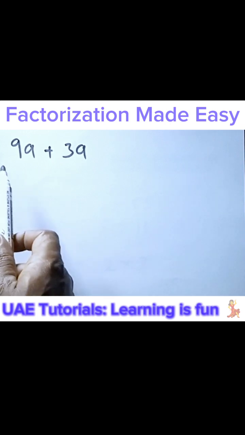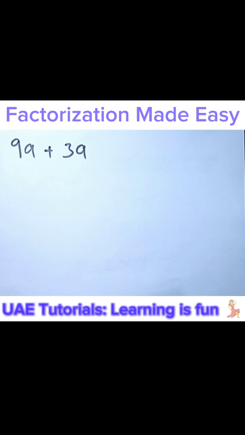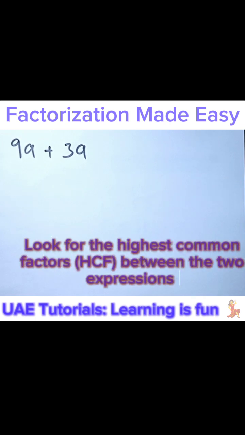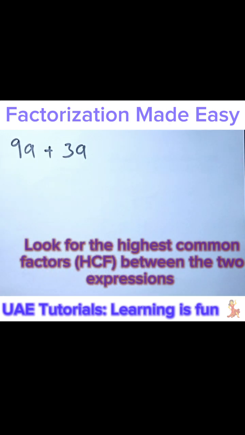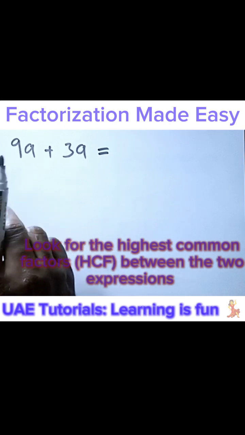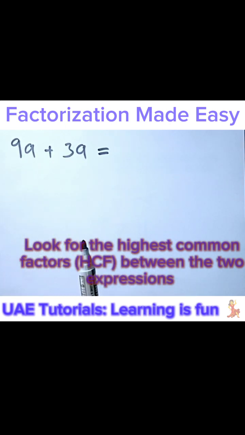Now in this case, you are given not just one number, but a number and a variable, and another number and a variable, and then you are asked to factorize. So you want to look for the factors that can satisfy these two. I want to see what is common to both 9a and 3a.